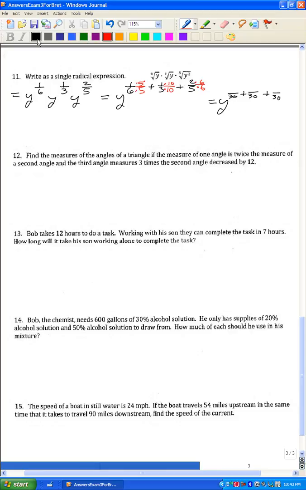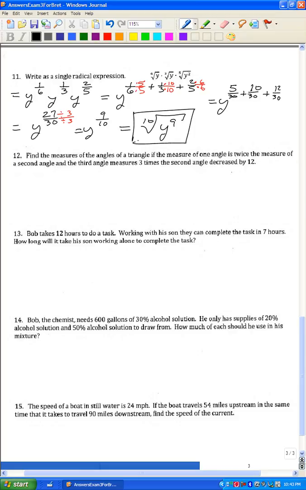And so you get 5 over 30 plus 10 over 30 plus 12 over 30, which is just 27 over 30, which of course you can reduce. You can divide each of these by 3. And so you get 9 over 10. Therefore, this is the same as the 10th root of y to the 9. And that is your answer.